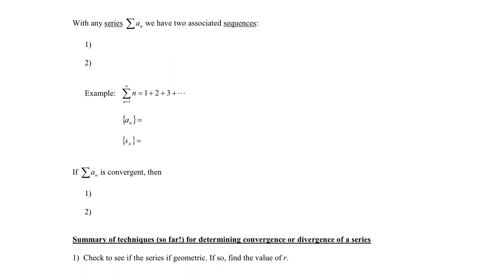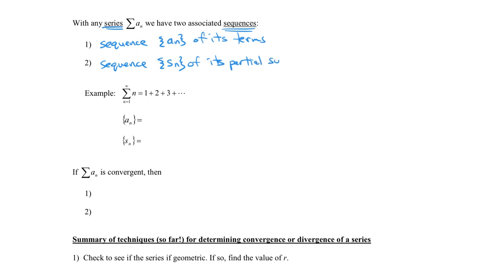So we could list out the terms of the series as a sequence. And also we have the sequence S sub n of its partial sums. Okay, so we've got two sequences with every series.